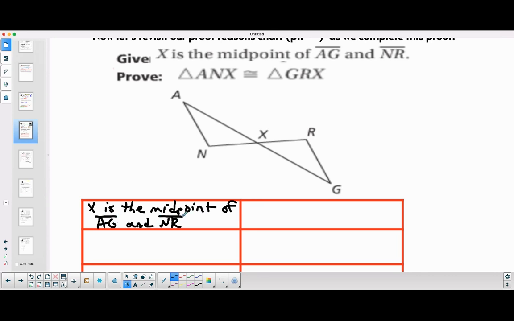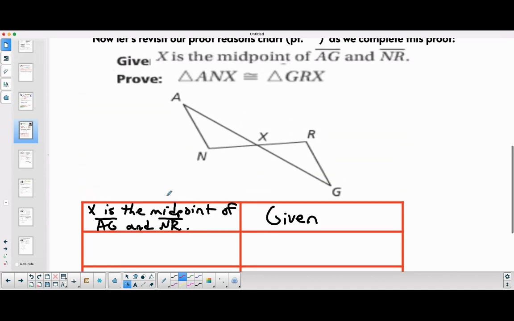Okay, we copy down the given word for word, and that is what we put in our given. Let's see if we can figure out what that means, how we can use that. Okay, we can use that for really two pairs of sides, and that's what we're going to do right here.